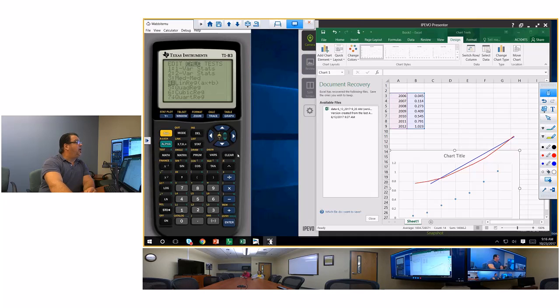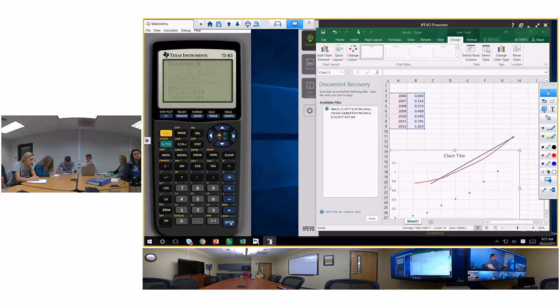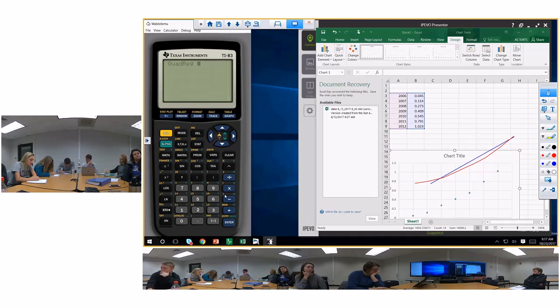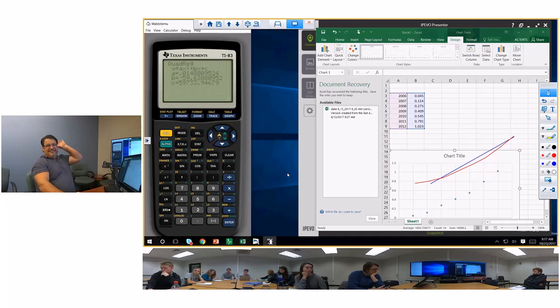But since we're in a non-linear section, you might want to hit quadratic regression, and second L1, comma, L2. It should read it. And there you go. Now I want you to find the vertex and describe what this function's doing.